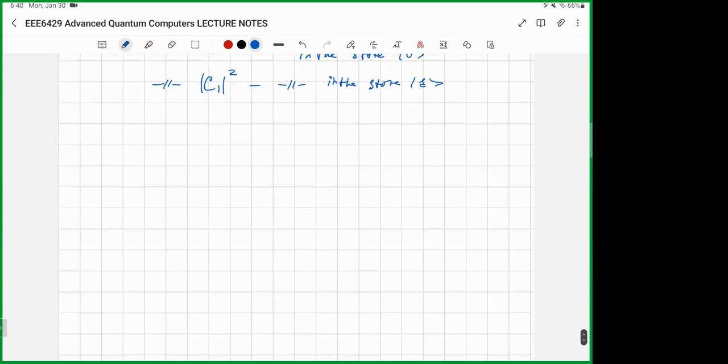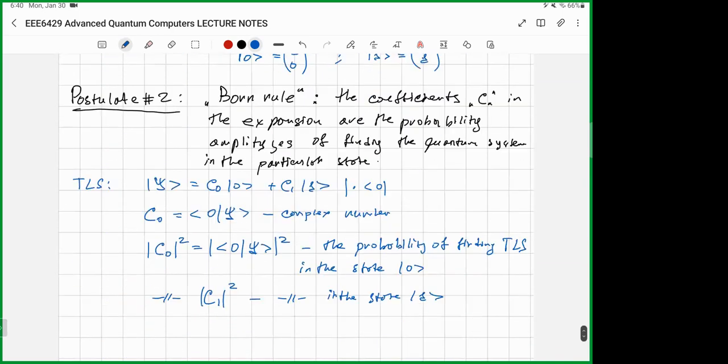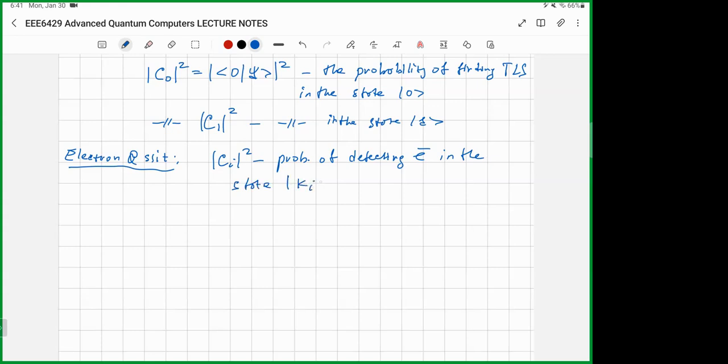And in this another example of the electron passing through a slit, electron and slit experiment, for example, some Ci modulus squared is the probability of detecting the electron in the state Ki, right?